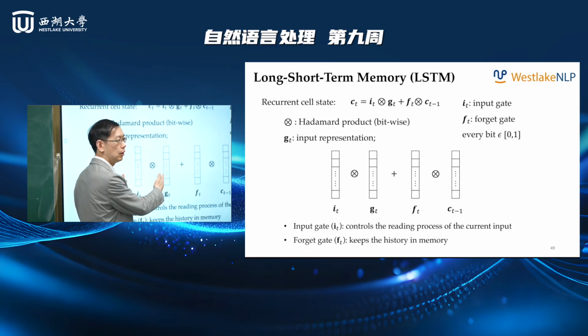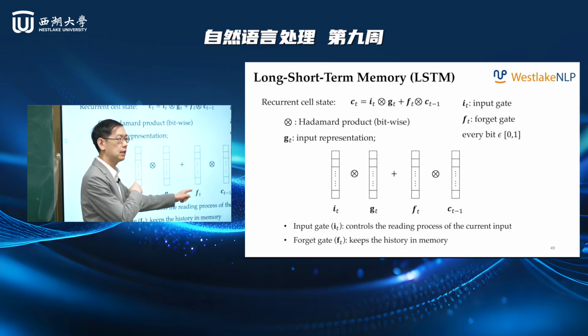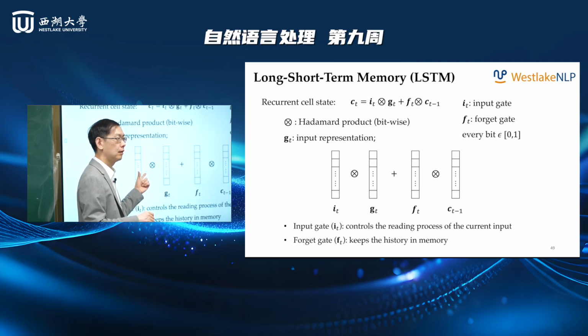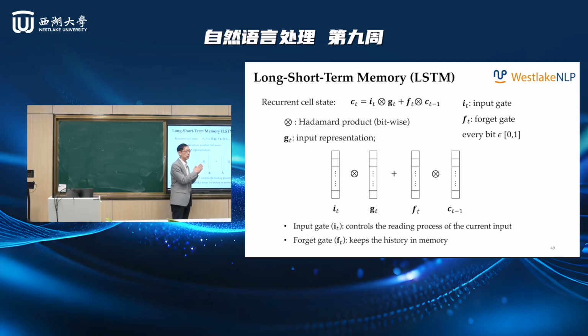So two water gates, two gating vectors control information flow from either the history, your long memory, c_{t-1}, and the present, your current input, okay? Do I want to look at the current input more? You open this gate, okay? Do I want to look at the history more and ignore the input? You open that gate. So these two gates are trade-offs, okay?